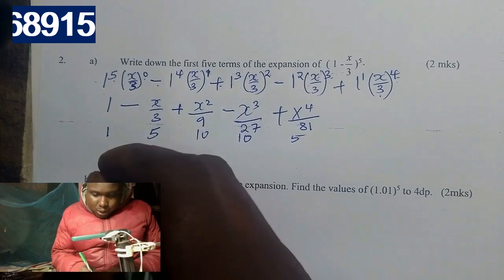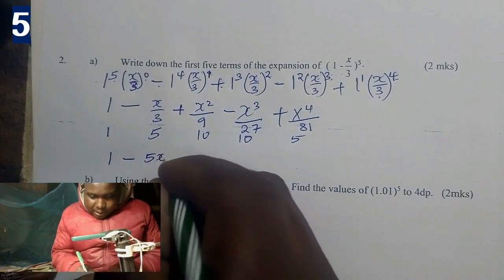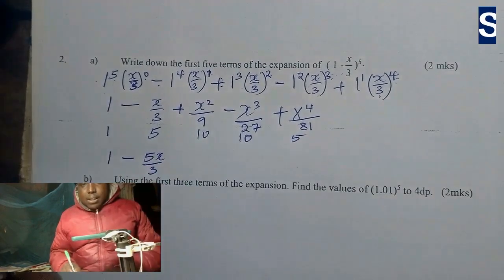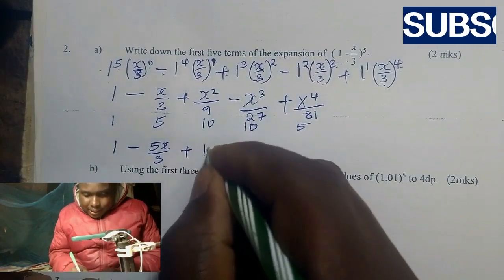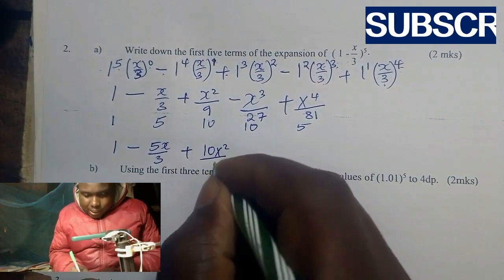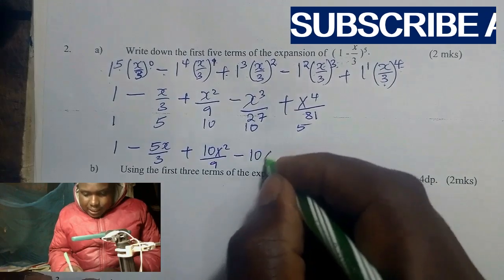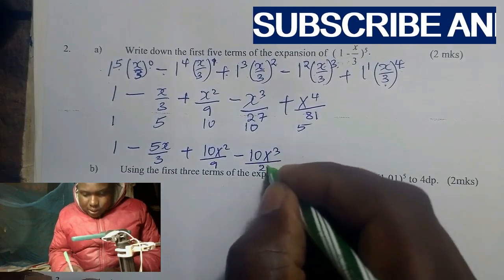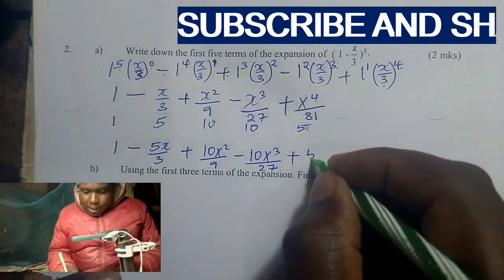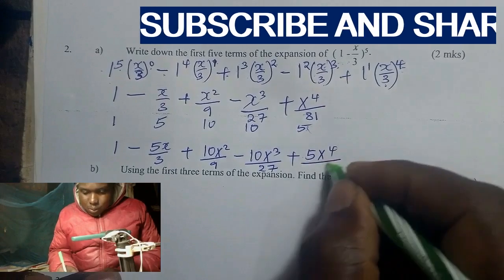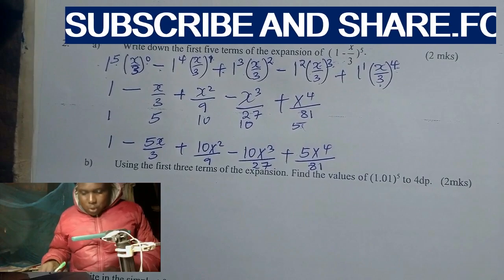The final expansion is 1 minus 5x over 3, plus 10x squared over 9, minus 10x cubed over 27, plus 5x raised to power 4 over 81, and that is the expansion.